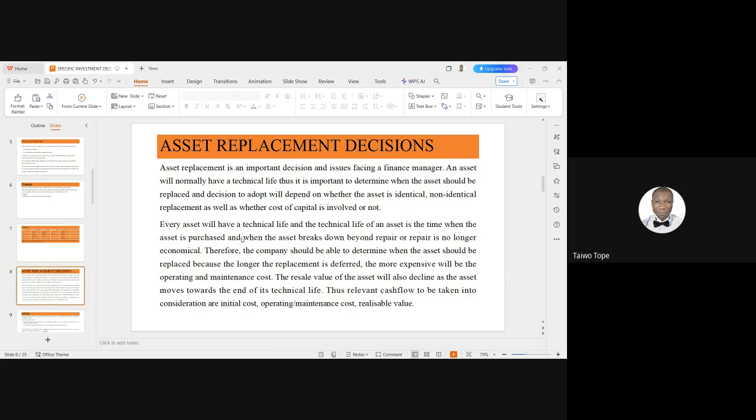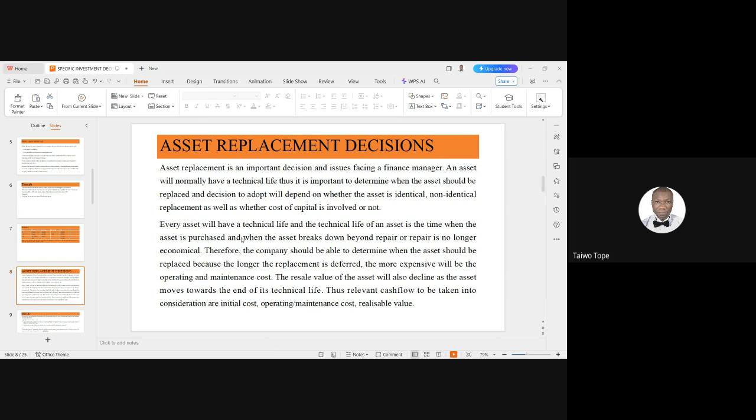To achieve this goal, it is very important that we ensure the asset remains efficient. One thing we must note is that the technical life of an asset is very key. The technical life is the time between when the asset is bought and when it can no longer function or becomes uneconomical to repair.